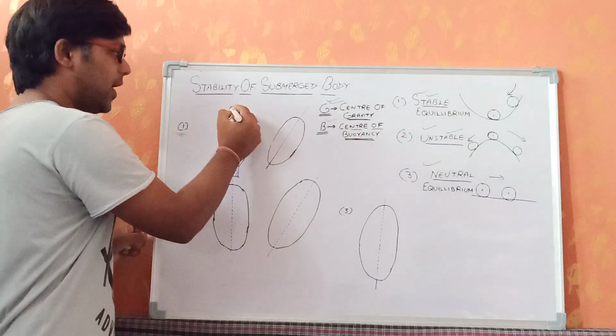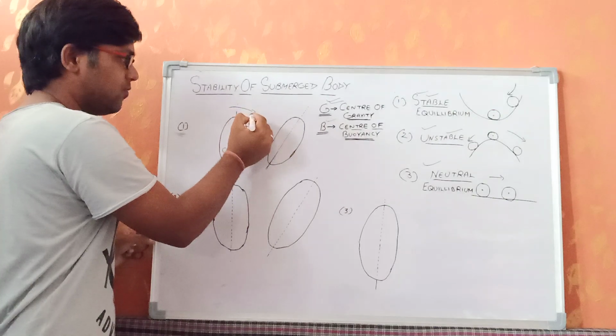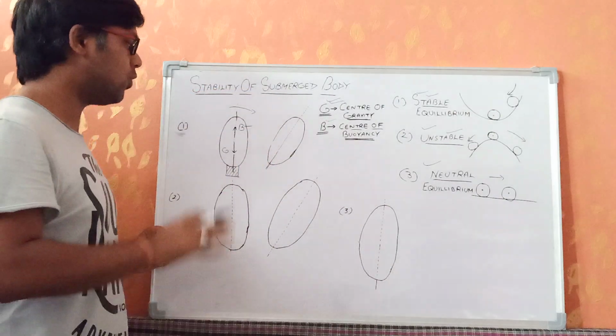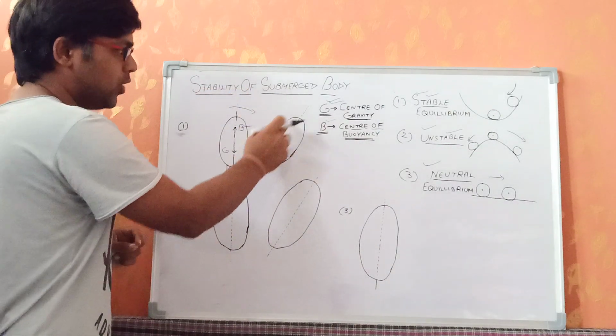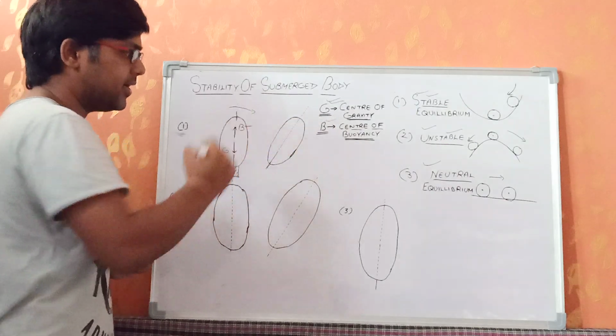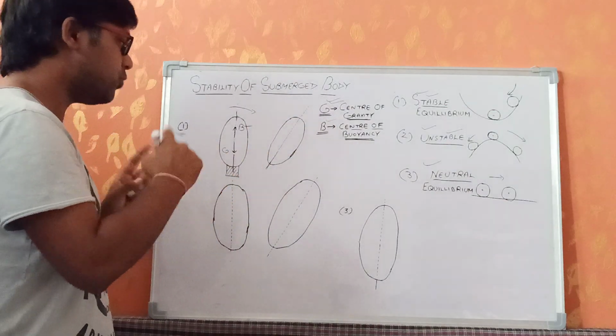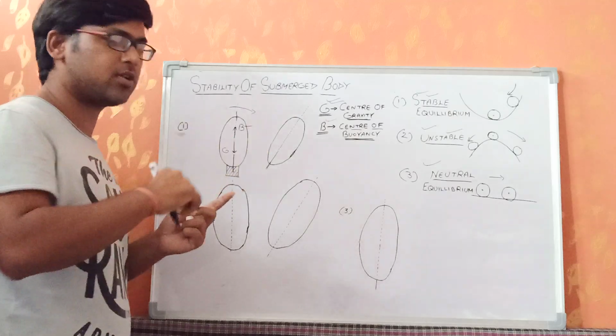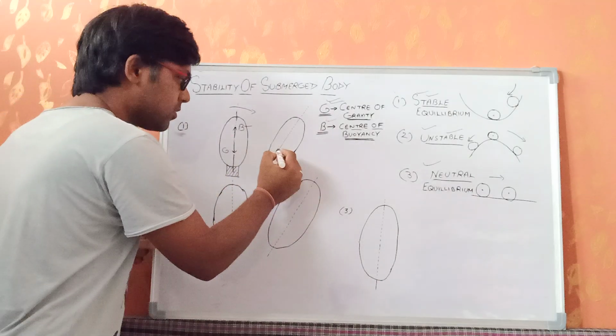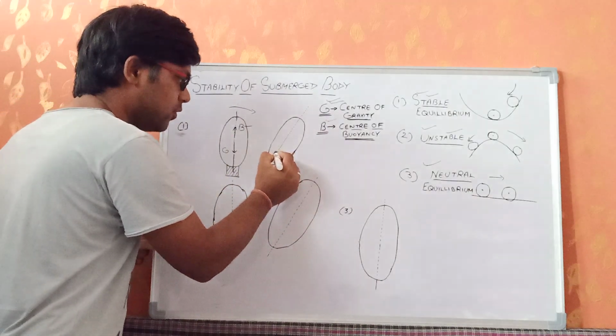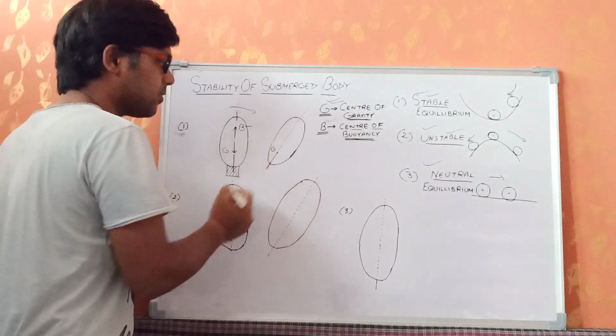Now, if I tilt this body by applying some force, I am trying to tilt it. So, if I try to tilt it, the body is going to be like this after application of the tilt. Now, I have to show the position of G and B after the body is tilted. Now, this is the point G, which represents the center of gravity. Clear?